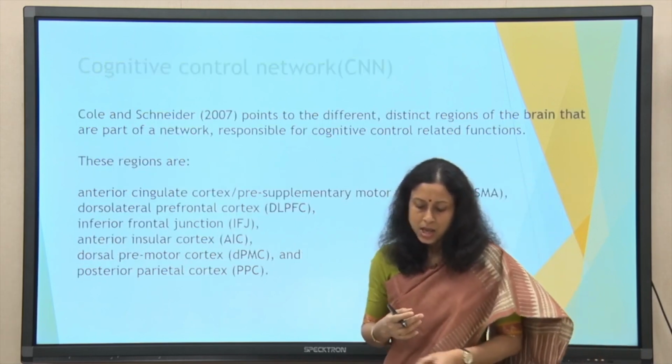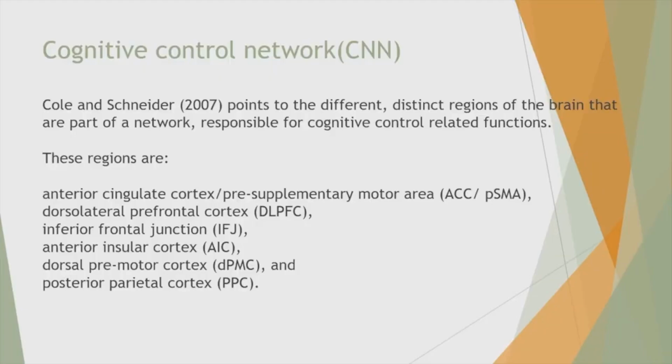Also, a very important, much cited paper in 2007, by Cole and Schneider, points to the distinct regions of the brain that are part of a network. As we have seen, the PFC has many parts, and then there are also certain parts in the other part of the brain that are all connected.